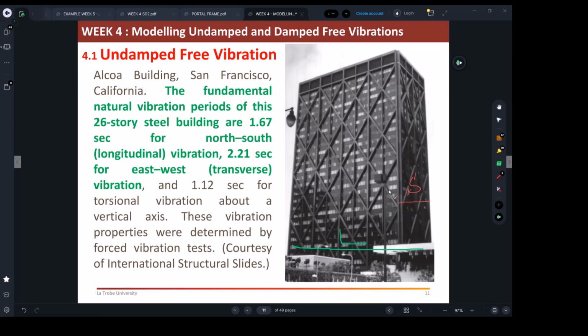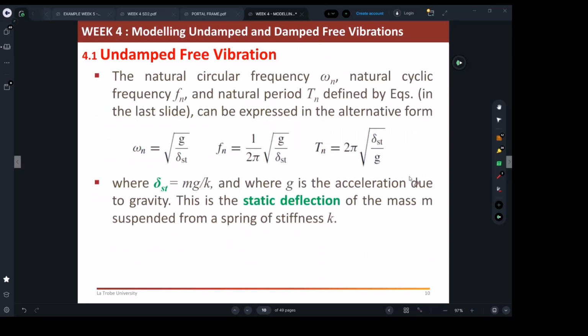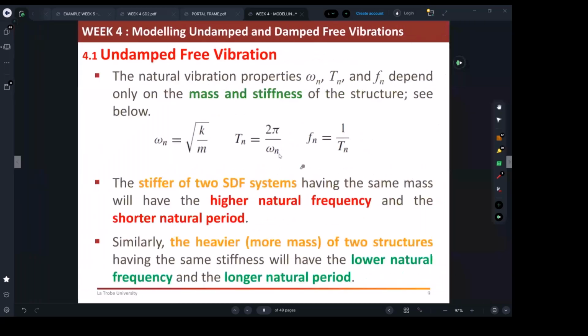Thanks for trying to answer, but let's think about it. What you're saying to me is that 1.67 is actually along the short, when the stiffness, as you said, is less. Now, when the stiffness reduces, let's go back to this equation.